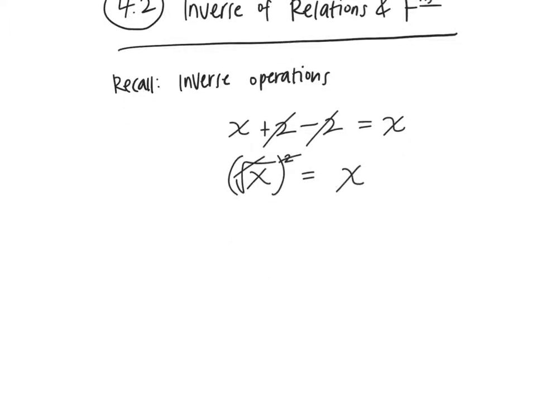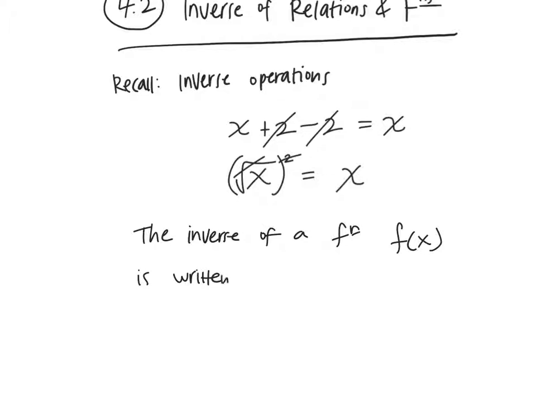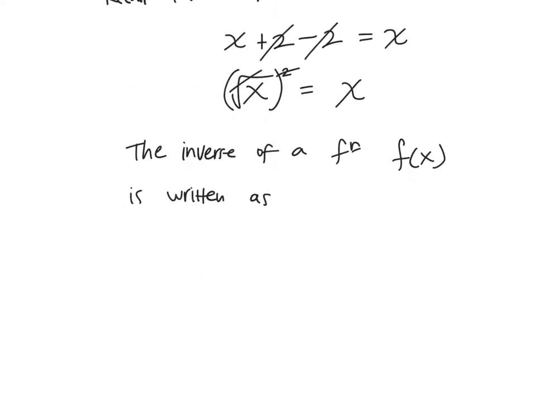How about functions? What if you have a function? So the inverse of a function f of x is written as f inverse of x. Okay, so it's f of x, but with a little -1 symbol as a superscript.